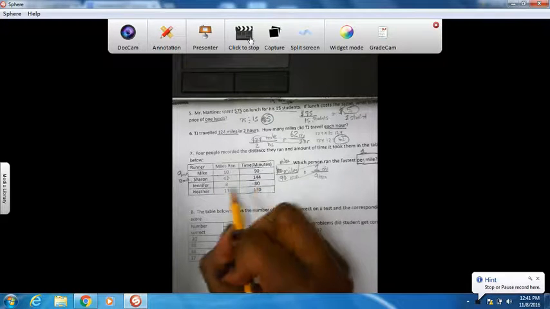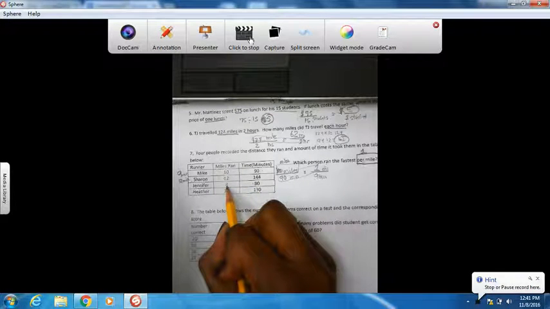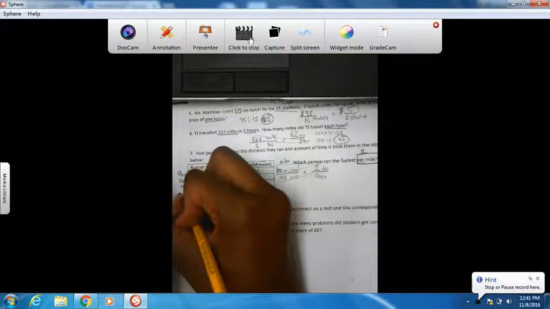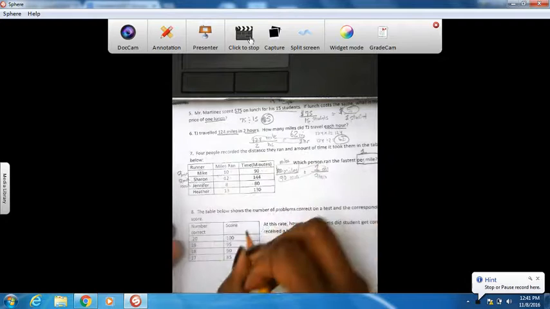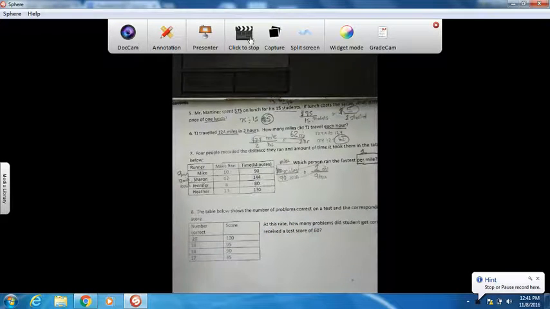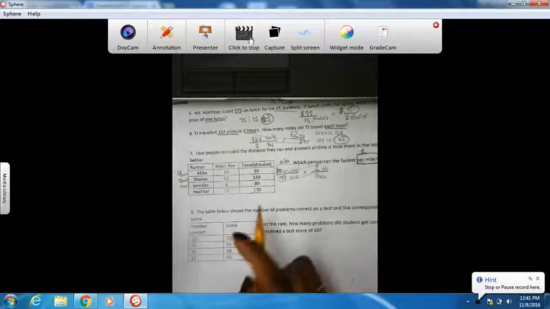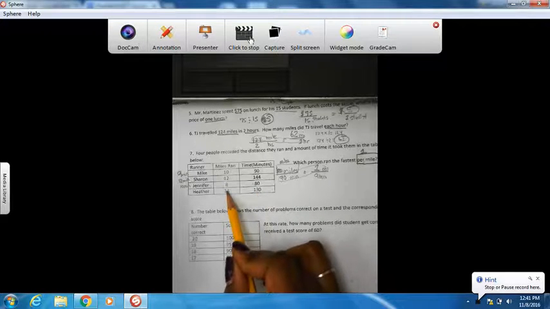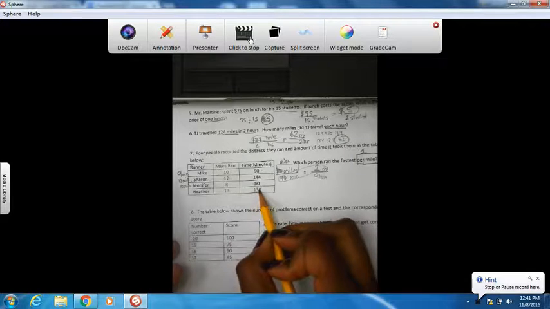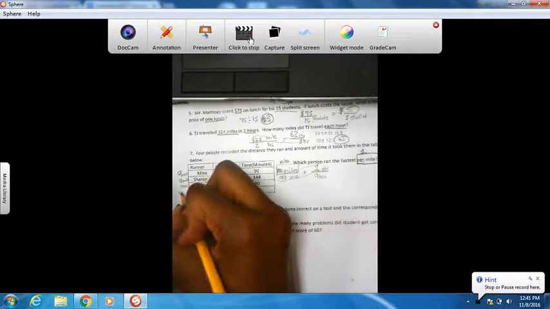It took her 80 minutes to do 8 miles. So 80 divided by 8 is 10 minutes. And 130 for Heather, 130 minutes for 13 miles. Well, 130 divided by 13 is 10 minutes.